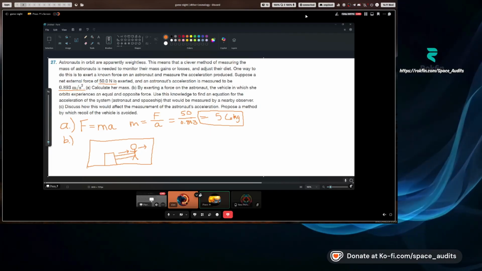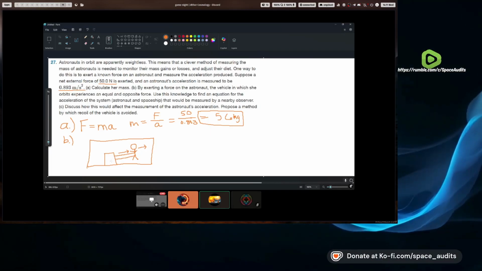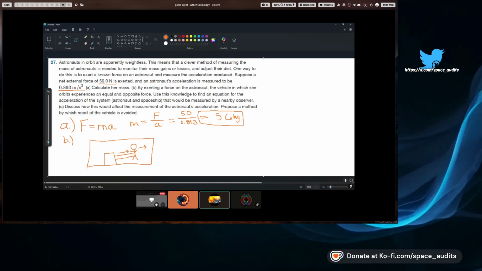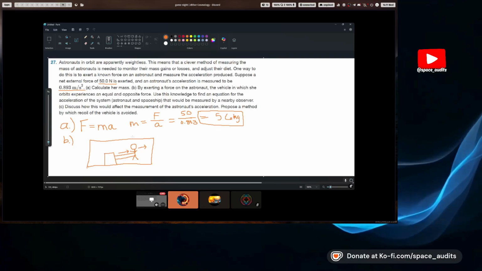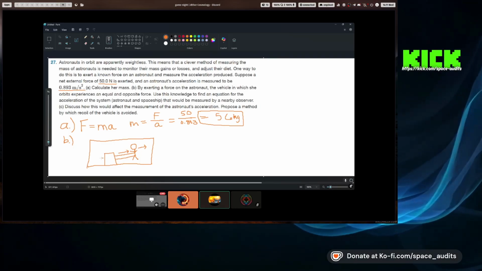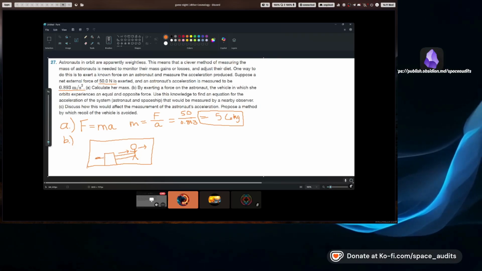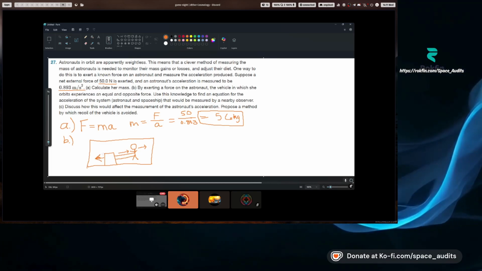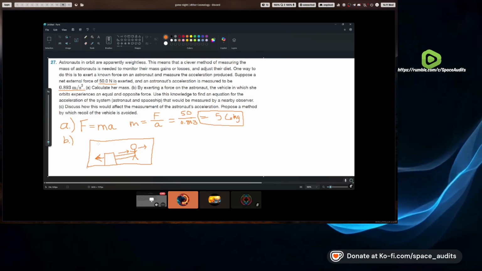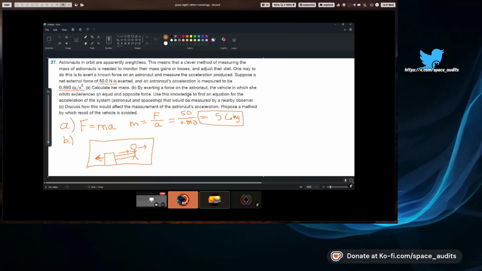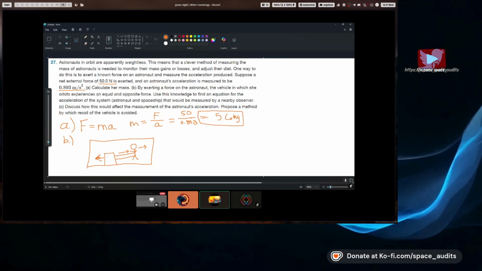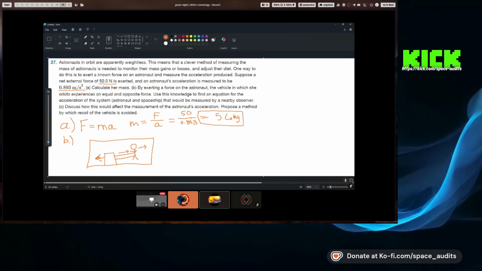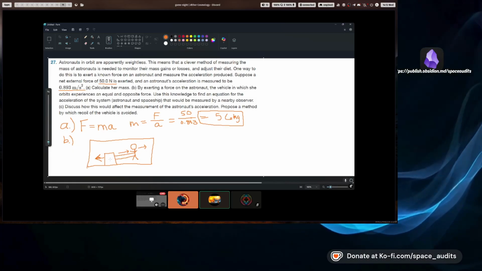But whatever's in the ship pushing on her pushes her this way, then it's also going to push the ship back that way, because it's going to experience an equal and opposite force. Like when I push on the table, the table pushes back at me. So the ship is going to push on her and she's going to push back on the ship.